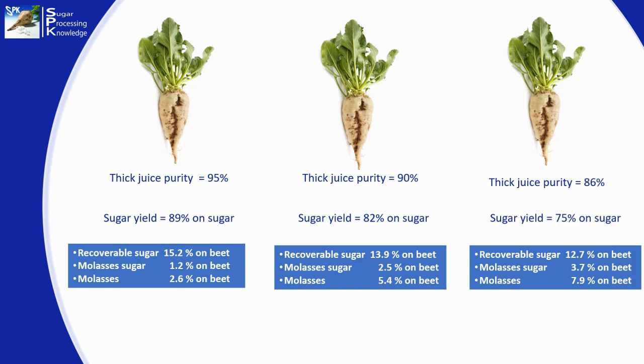In the last case, we have a thick juice purity of 86% and the sugar factory achieves a sugar yield of 75%, a recoverable sugar of 12.7% on beet, molasses sugar of 3.7% on beet, and a molasses quantity of 7.9% on beet. So we see three cases and three different performances despite the process parameters being controlled.